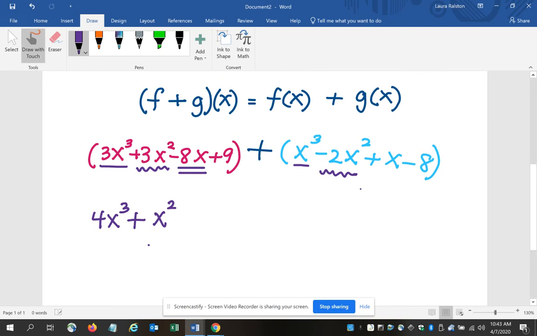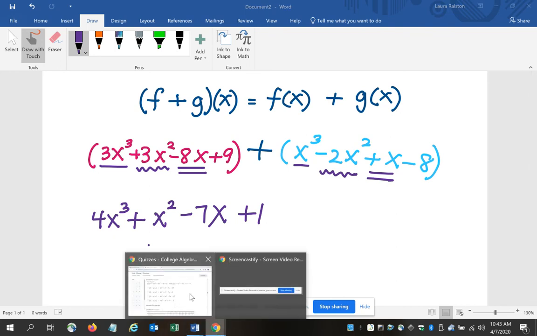Negative 8x plus 1x: 8 minus 1 is 7, and it's negative, so I get negative 7x. And then plus 9 minus 8 leaves me with plus 1. So ultimately, I have 4x cubed plus x squared minus 7x plus 1.